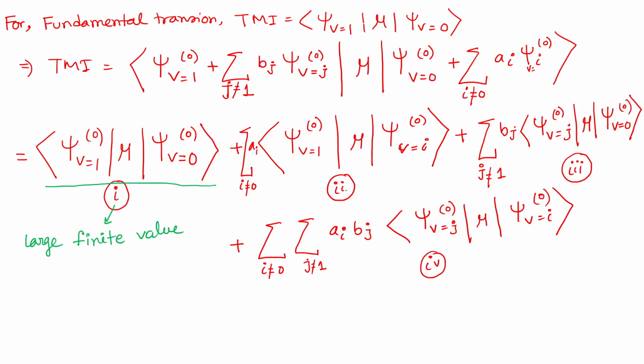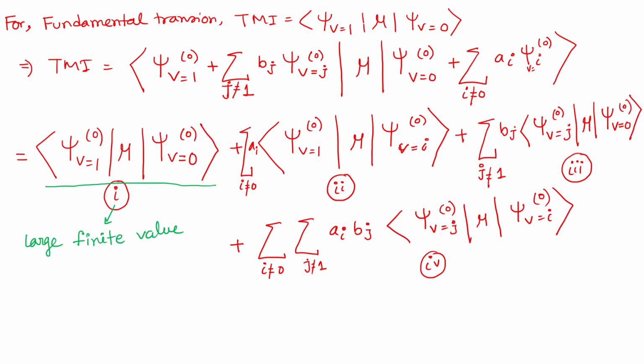We are not going about the exact value, just a large finite value. Another thing for this question, you do not have to think about the population first of all, because you are starting from v equals to 0. That is the maximum anyway. For your fundamental and first overtone, you do not have to think about the population.